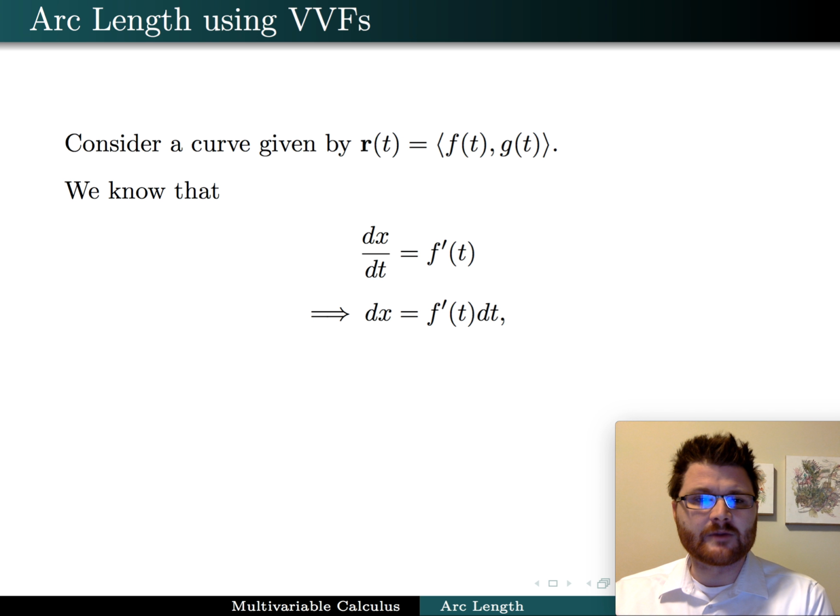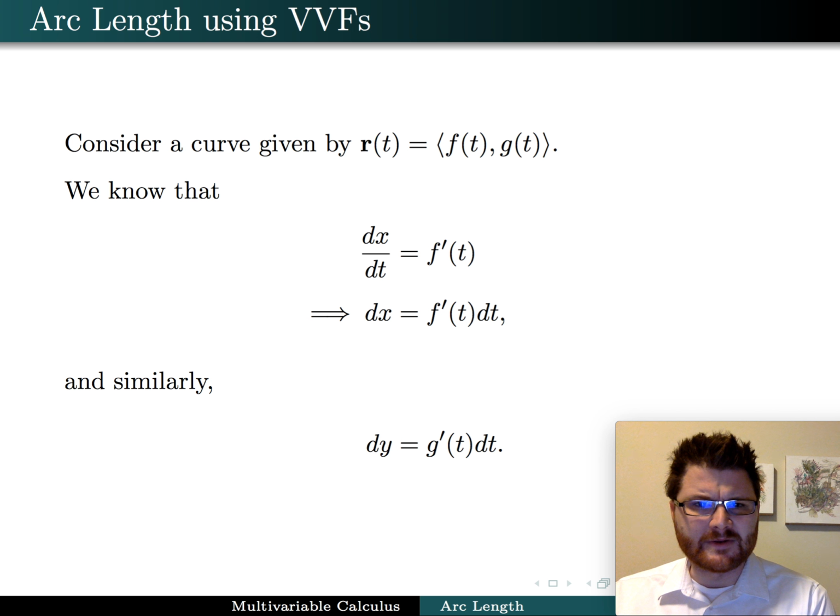So to note at the beginning, if the x component of our point on our path is given by the value of the function of its x component, in this case say f, then a little abusive notation gets us an expression for the infinitesimal increment dx in terms of the derivative of f and increment in t, dt. And we get something similar for dy in terms of the function for the y component g.